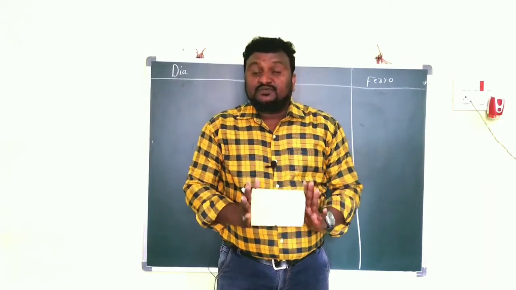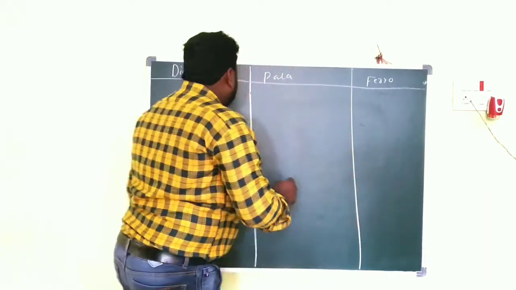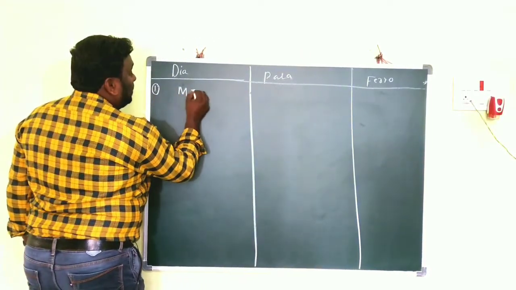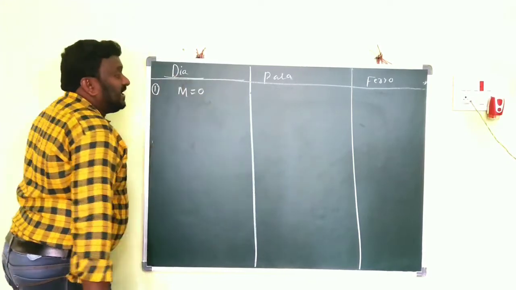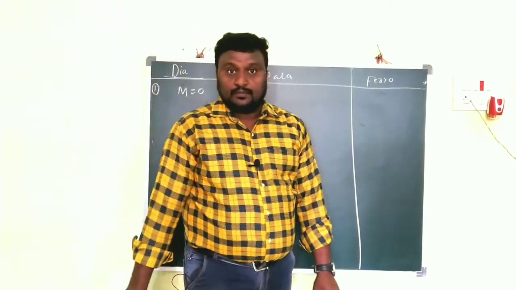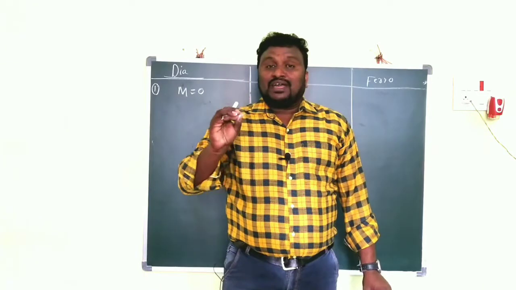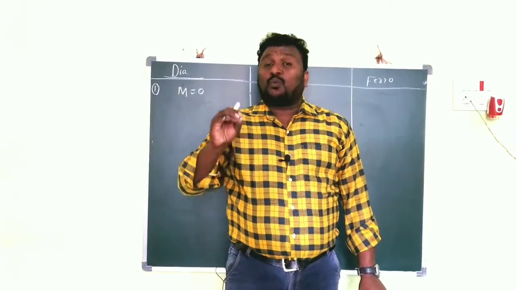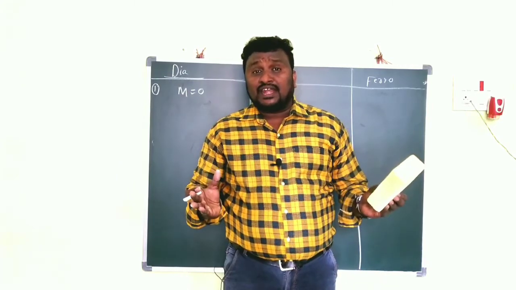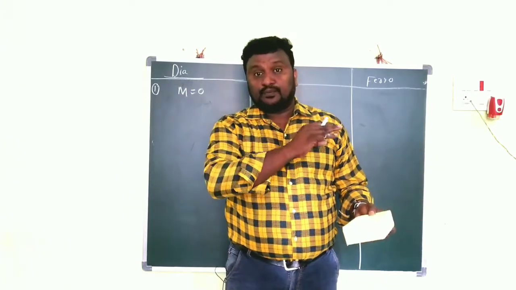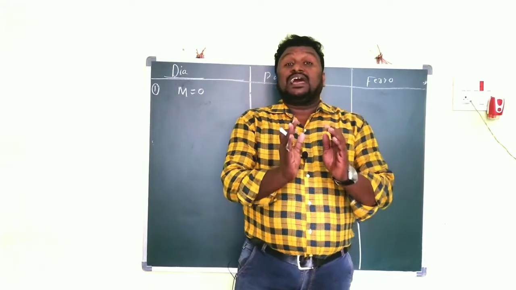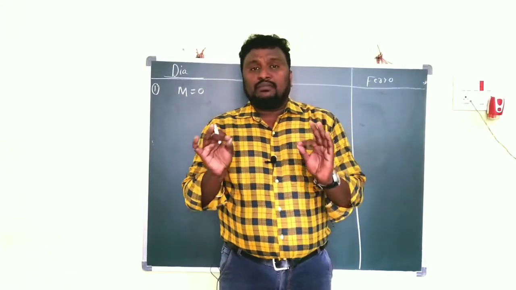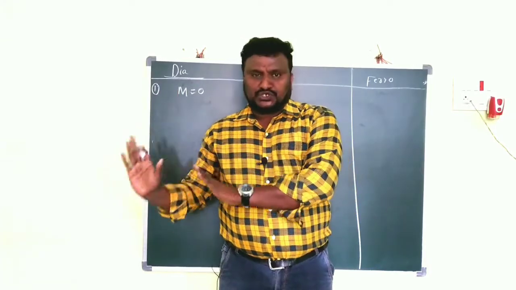And the materials whose resultant magnetic moment value is 0 are called diamagnetic substances. Clear? Got my point? Simply, for a diamagnetic substance, the M value is 0.